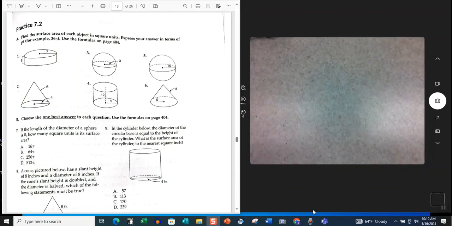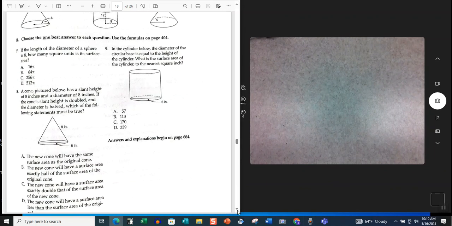Now we move on to problems 7, 8, and 9. Okay, so now with problem number 7, it says choose the one best answer to each question. Use the formulas on page 404.